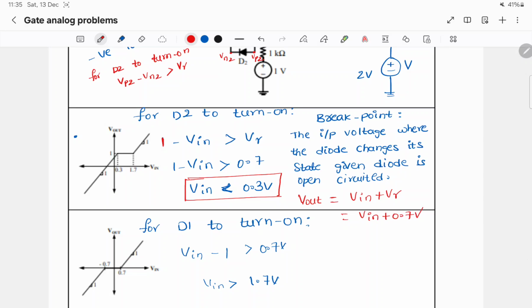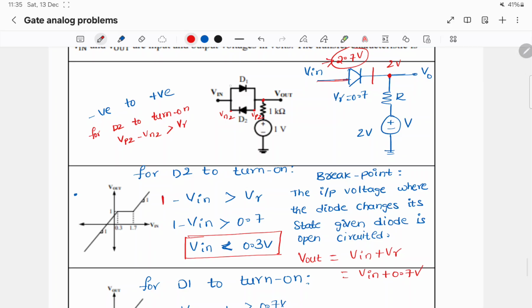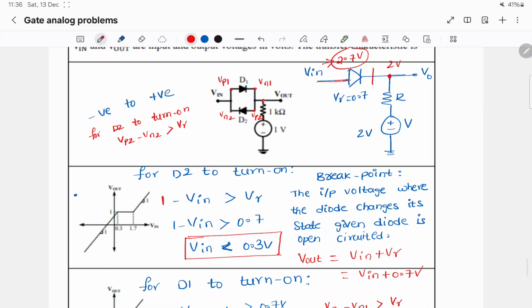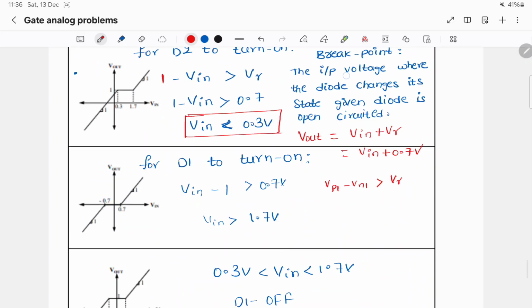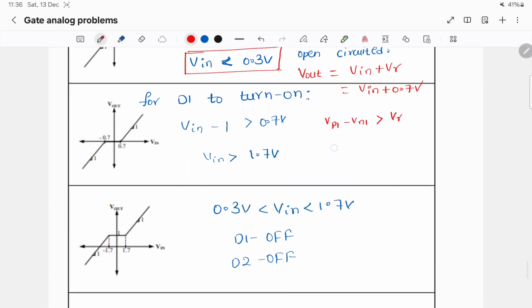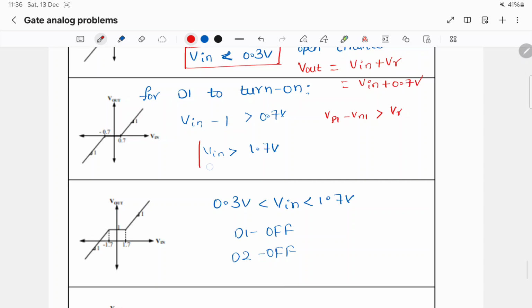V gamma here is 0.7 volts. Similarly, for D1 to turn on, let us say this is Vp1 and this is Vn1. For D1 to turn on, Vp1 minus Vn1 should be greater than V gamma. Here Vp1 is Vin, Vn1 is 1 volt if I open circuit the diode. So Vin minus 1 should be greater than 0.7, that is Vin should be greater than 1.7 volts.